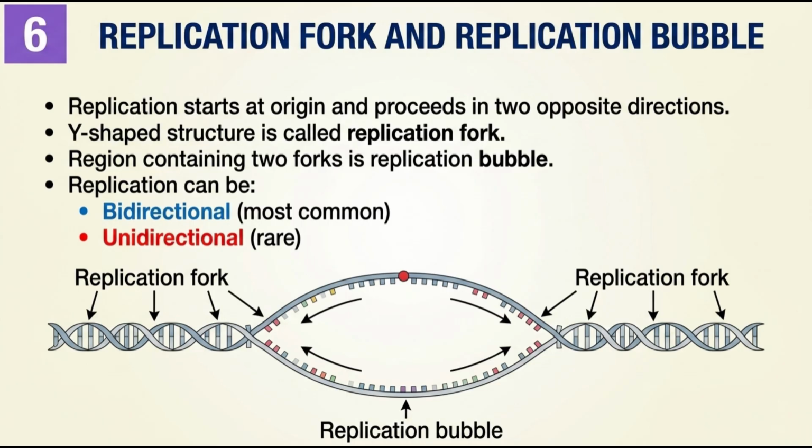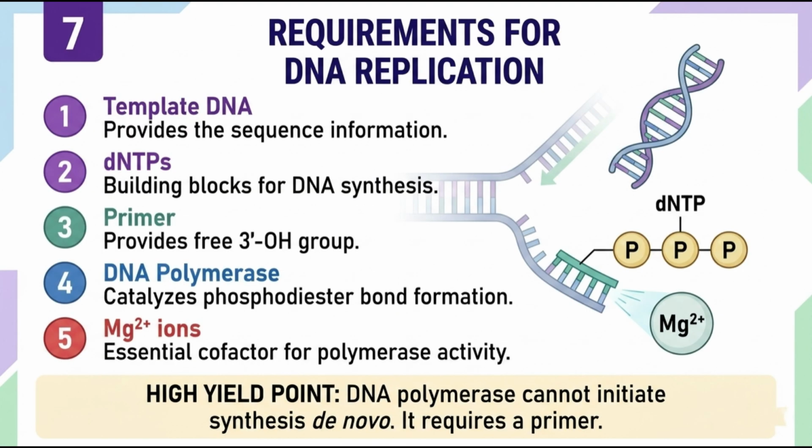DNA replication requires several essential molecular components. First is template DNA. The parental DNA strand provides sequence information for synthesis of the complementary strand. Second are dNTPs: dATP, dGTP, dCTP, and dTTP.